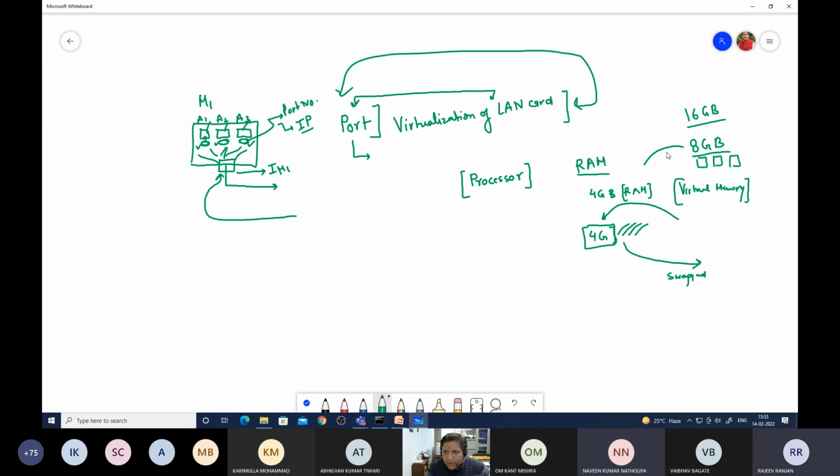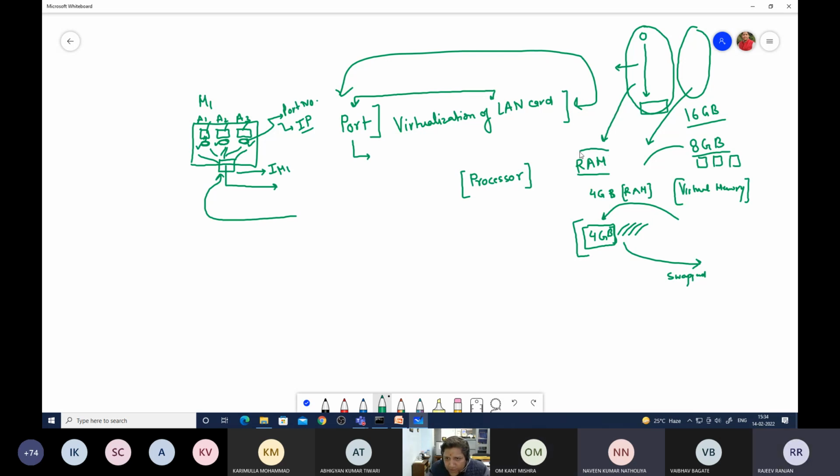So what is happening? You are not thinking you are having 4 GB of memory. You are thinking you are having from 0 to some large number, the whole virtual memory, and every process will be having the same virtual memory. Remember? Yes, sir. And this virtual memory is getting mapped to the physical memory as and when the process wants to run.